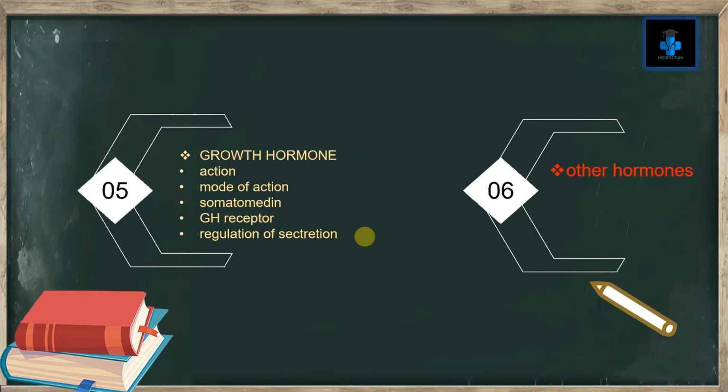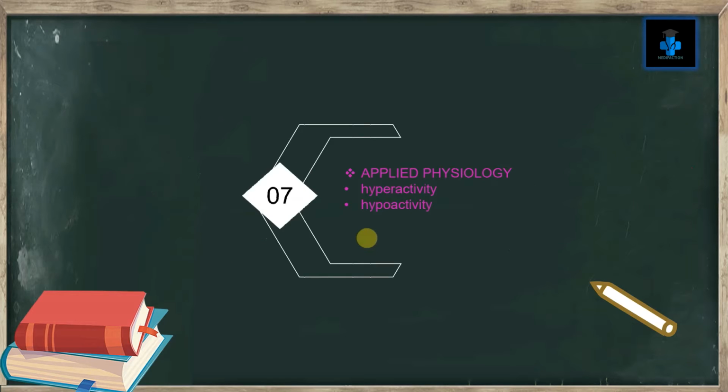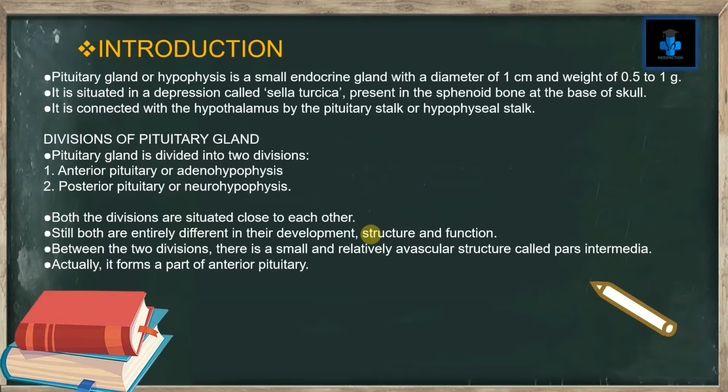And we're going to learn about the growth hormone, its actions, mode of action, somatomedin, growth hormone receptor, regulation of secretion, and some other hormones secreted by the anterior pituitary. And finally, we're going to learn about some important applied physiology due to the hyper and hypoactivity of the anterior pituitary. Let's get started.